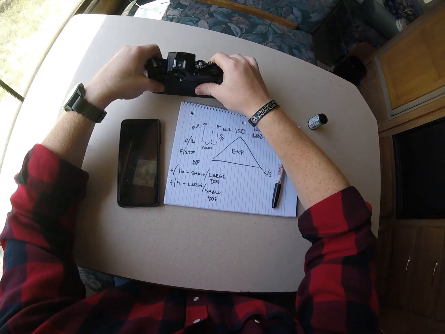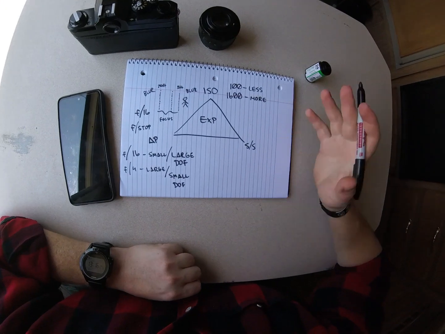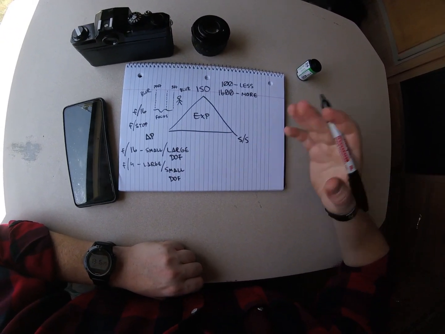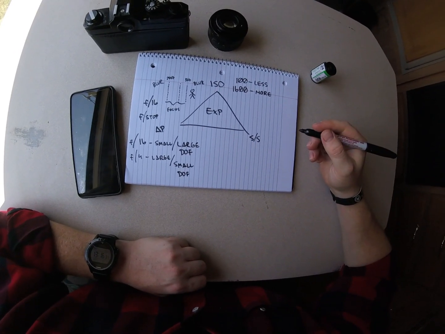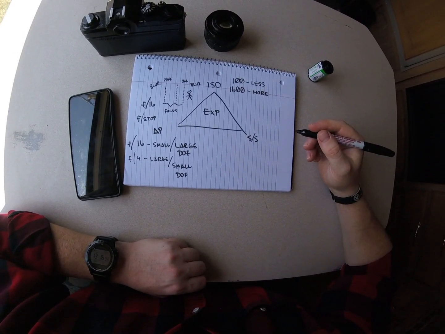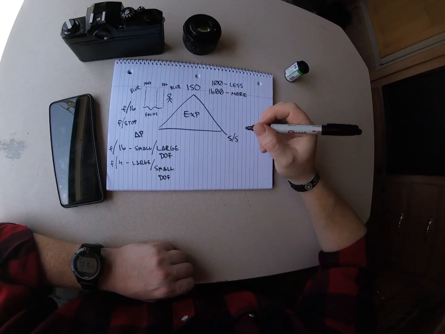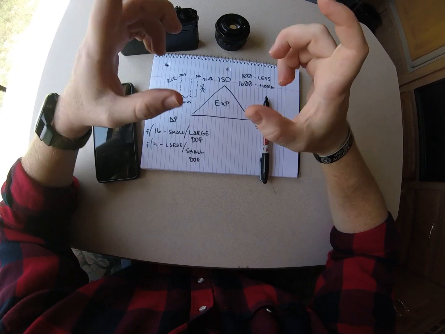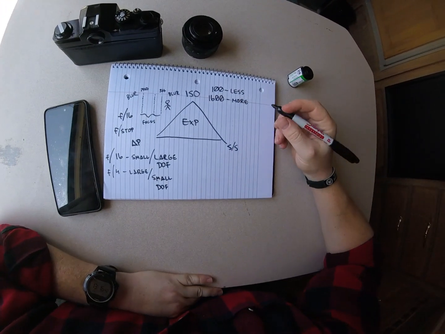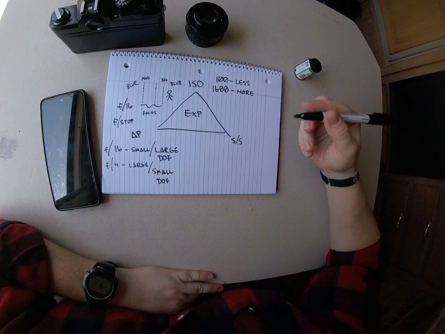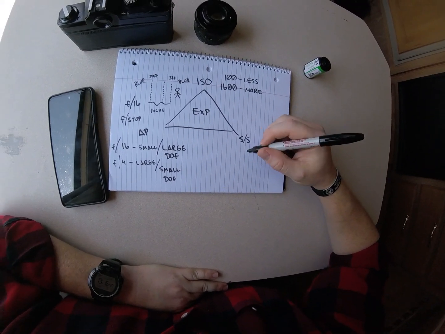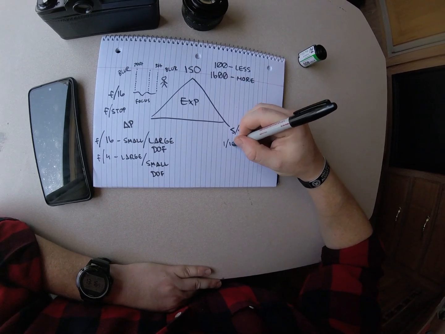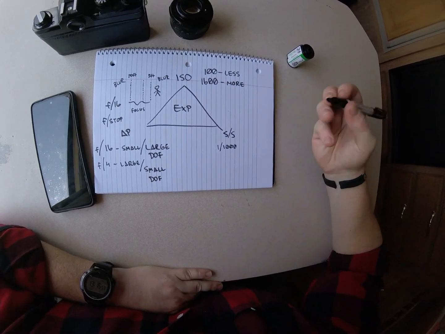So the biggest thing that shutter speed will control outside of how long the light is hitting the film is blur, basically. Because there's going to be movement sometimes when you're taking your photo, little micro movements. The higher your shutter speed is, so on here the highest it goes is 1000, so that's 1/1000th of a second.